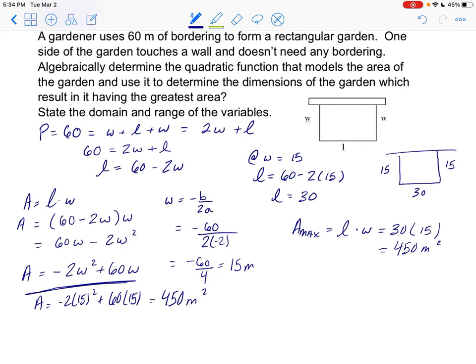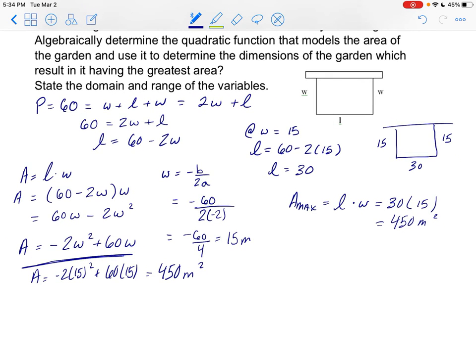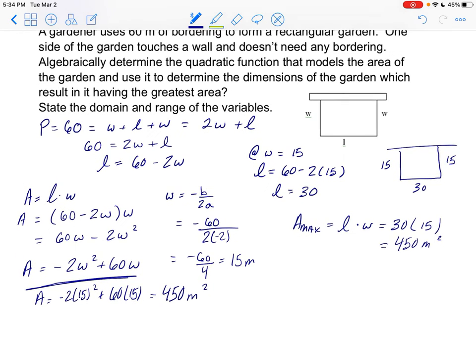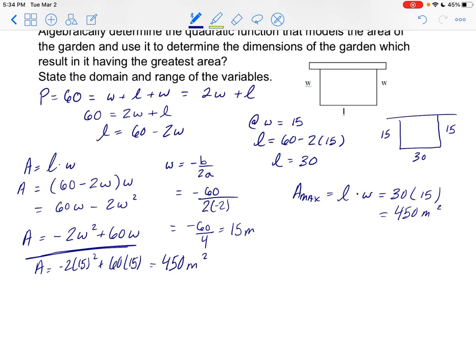Let's talk about the domain and the range. So hopefully you can see now that because we have 60 meters of fencing to use, well, first of all, when we're talking about domain and range, our minimum values are always going to be 0, right?